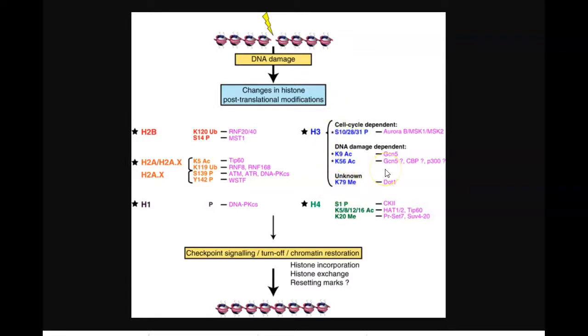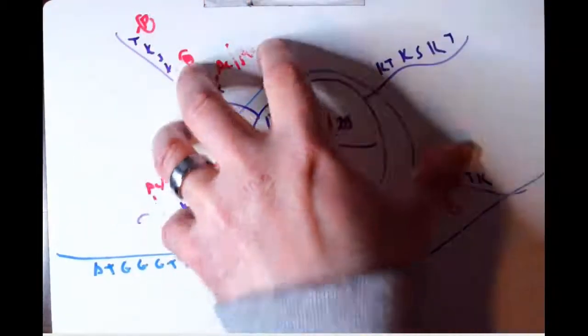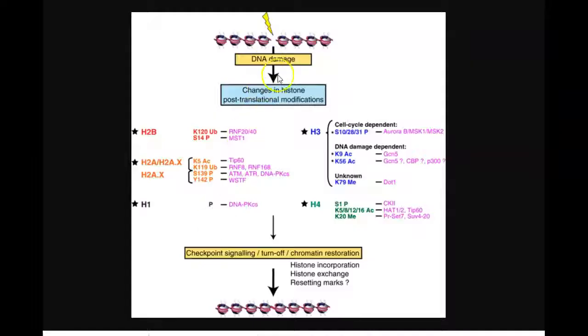Maybe all of those modifications are done as well, all in response to this DNA damage, all catalyzed by these enzymes. And maybe H4 is phosphorylated at its 1st serine, acetylated at its 5th, 8th, 12th, and 16th lysine, and methylated at its 20th lysine. This combination of all the potential modifications that are possible under this particular DNA damage, these are the only modifications that were done, and this set of modifications is a code.